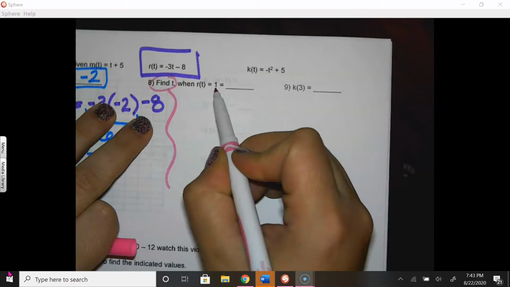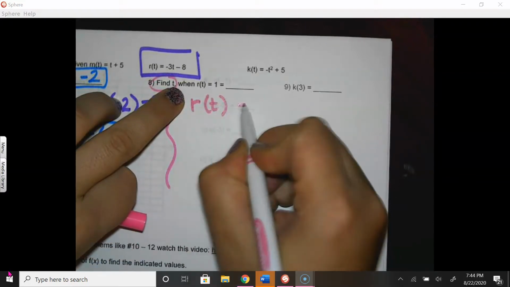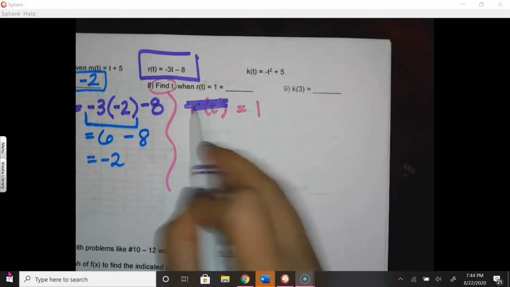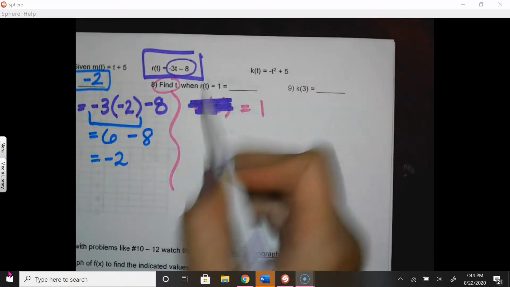Okay. Example 8 says to find t. So again, it's saying to find t. So I'm not going to plug the given number in for t. So it says r of t equals 1. So I'm going to take the r of t out, and I'm going to replace it with the equation.